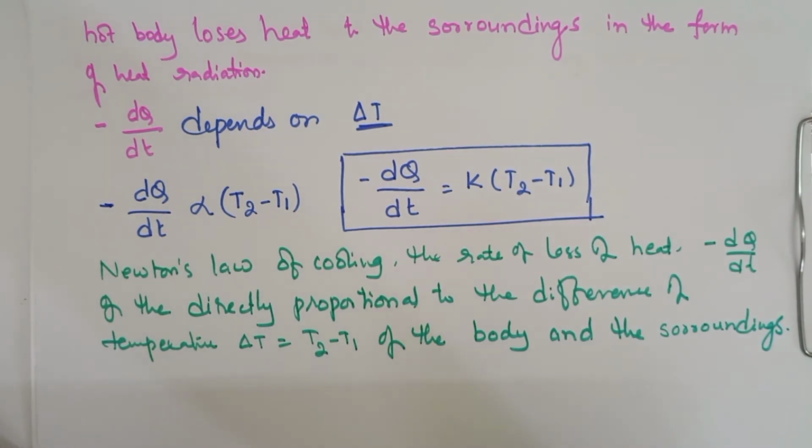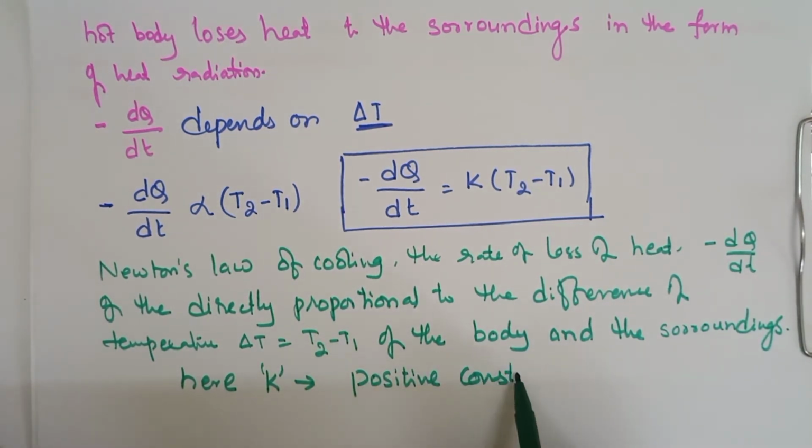Right. This is actually Newton's law. What is K? Here K is a constant, which is a positive constant. K is a positive constant which depends on the area and nature of the substance of the body.